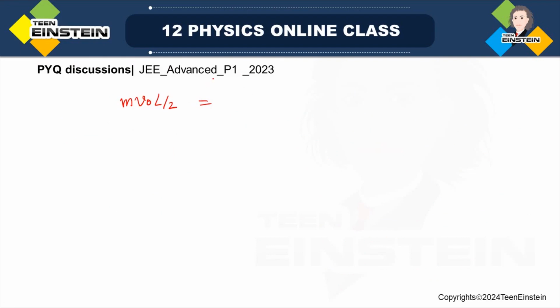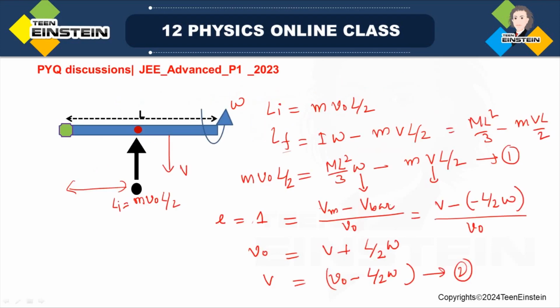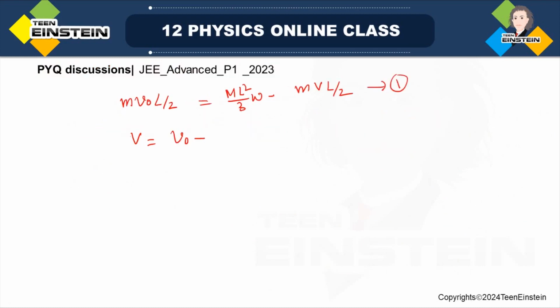Then m L square by 3 into omega minus m v L by 2. This is what my first equation is. So the second equation is v is equal to v0 minus L omega by 2.